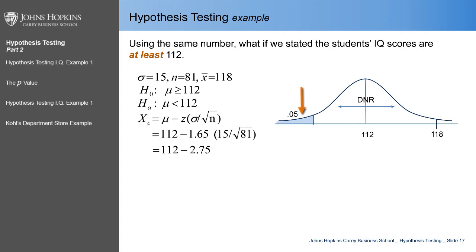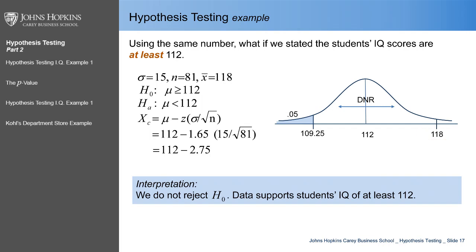Now our statement is mu minus z times the standard error. And when we do that calculation, we see that our critical value is 109.25. Again, our sample mean falls in the do not reject area. So we say we do not reject the null, and our data supports that students' IQs are at least 112.